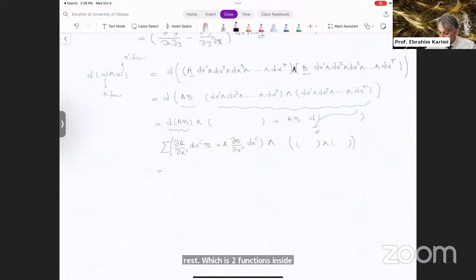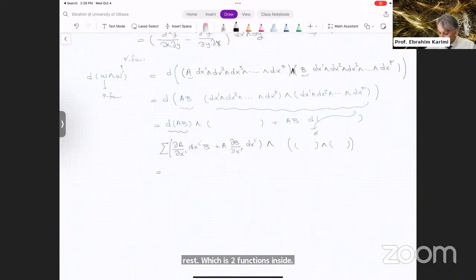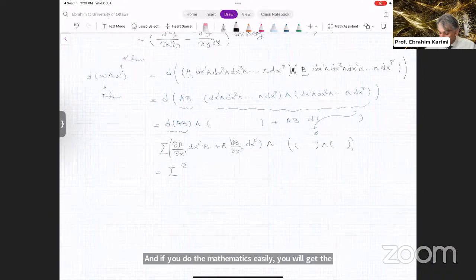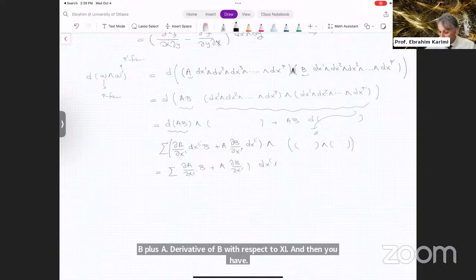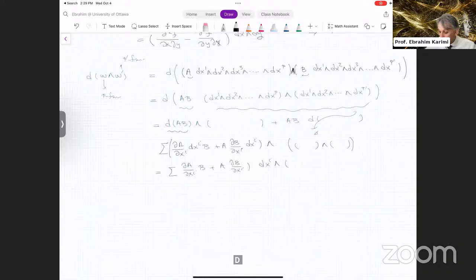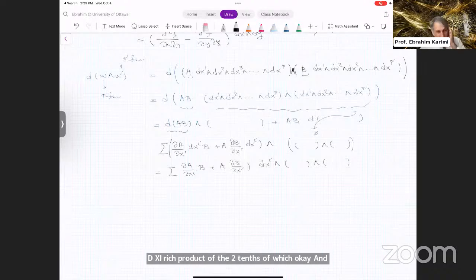If you do the mathematics, you will get the summation of the derivative of a with respect to xi times b plus a times the derivative of b with respect to xi, then dxi wedge the two terms. If you expand this, you will get the identity that we discussed.